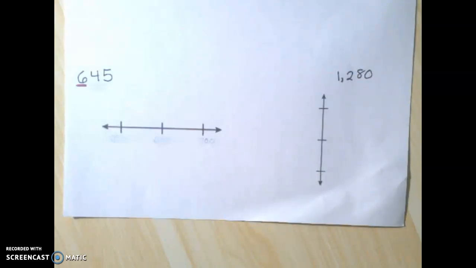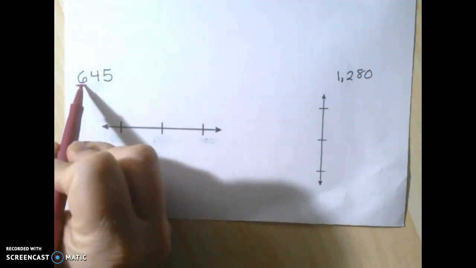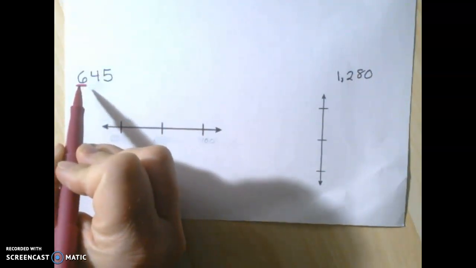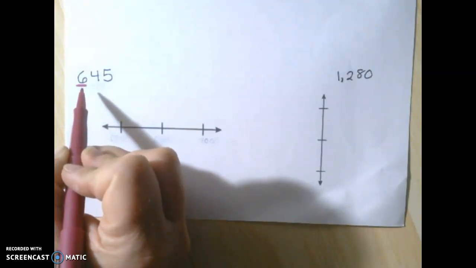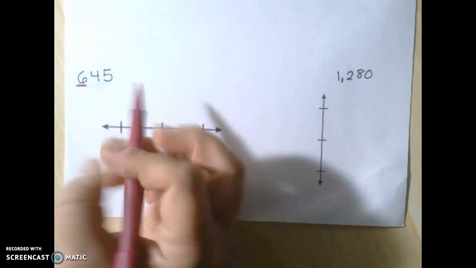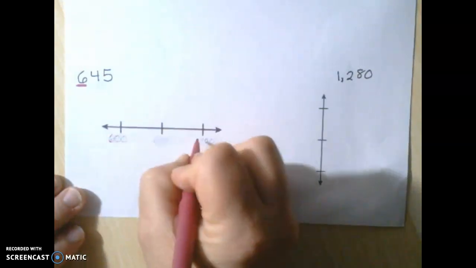In order to set up my number line, I need to think about, is 645 in between what 2 whole numbers? So 645 is in between 600 and 700. I know that 645 falls somewhere in between 600 and 700.